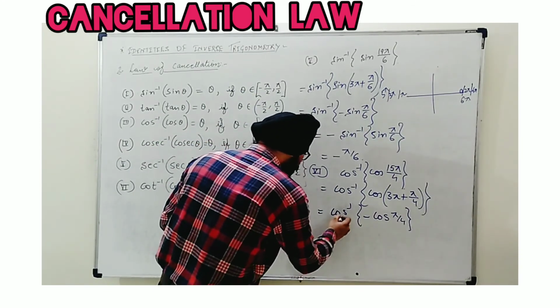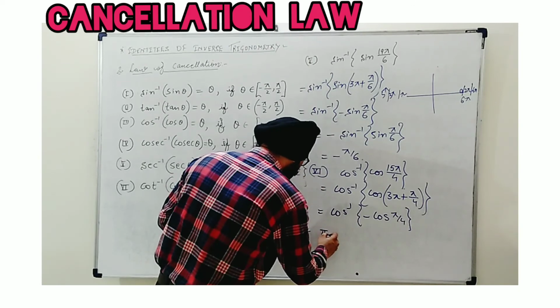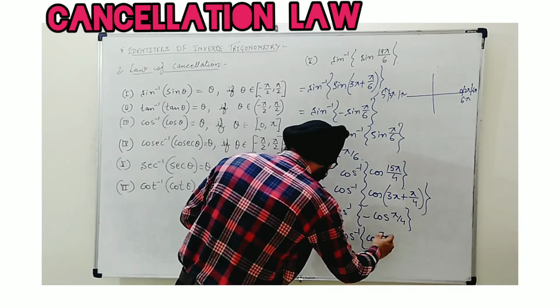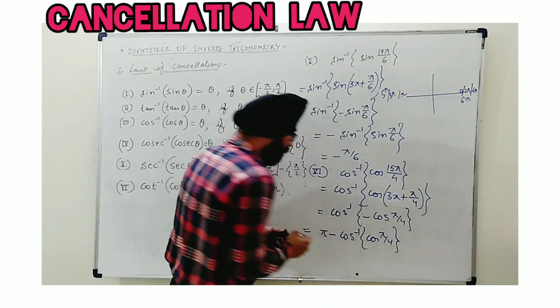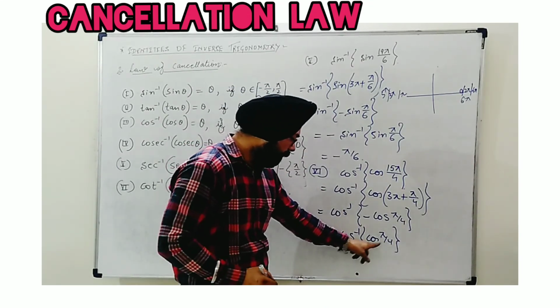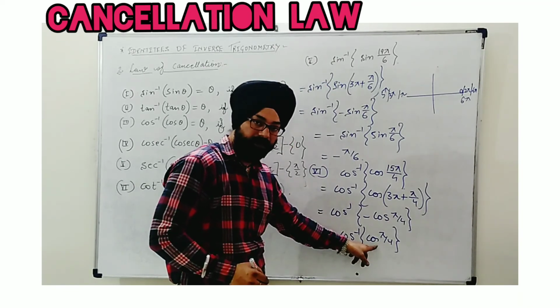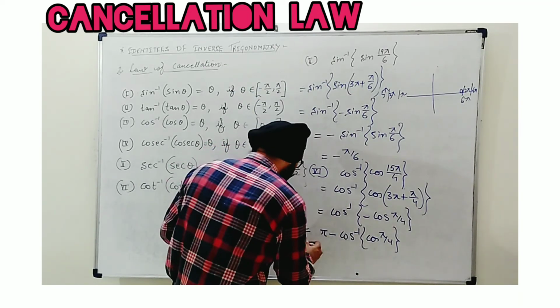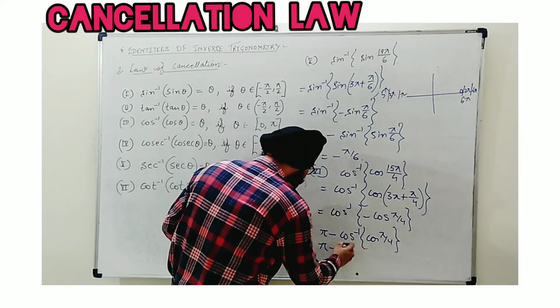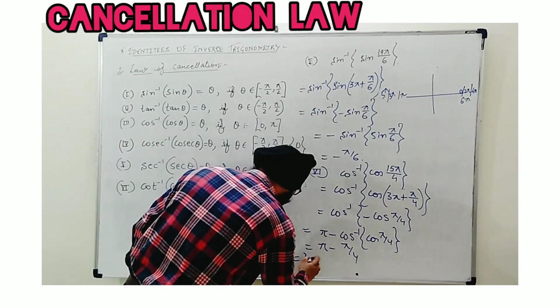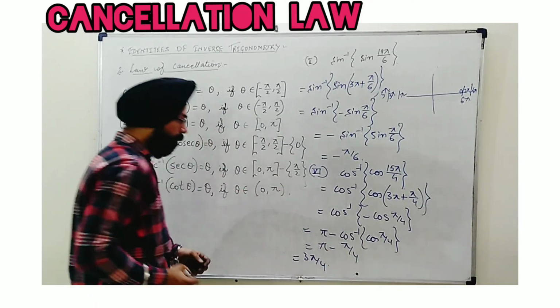This will open like cos inverse of minus x, which is pi minus cos inverse of cos pi by 4. I see cos inverse cos pi by 4 is a first quadrant value. That's why by the cancellation law we can cancel this out and we have pi minus pi by 4 left, and pi minus pi by 4 is 3 pi by 4.